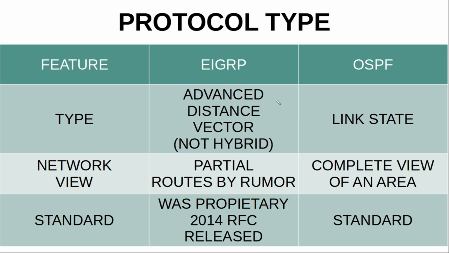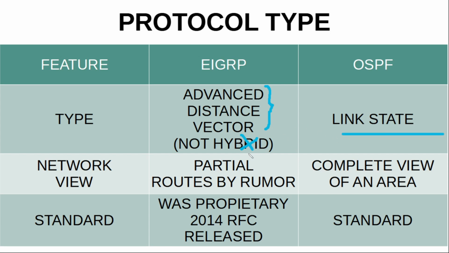Regarding protocol type, EIGRP is considered to be an advanced distance vector protocol. It is no longer considered to be a hybrid protocol. It was previously defined as hybrid, but Cisco has dropped this definition over time. OSPF is link state.